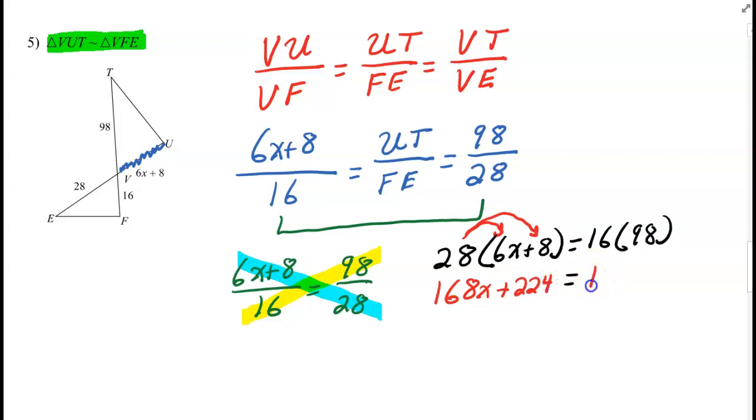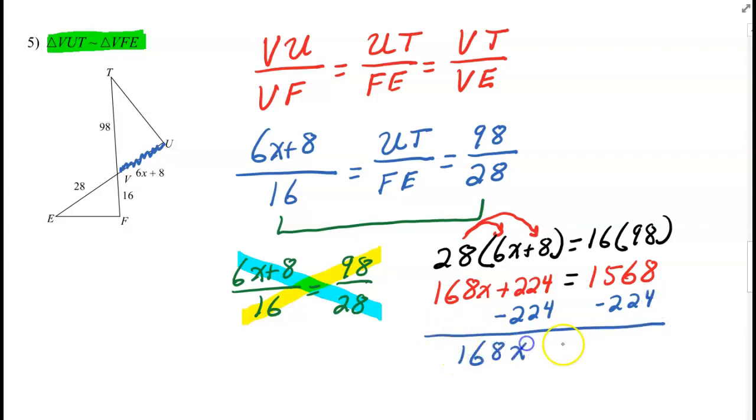The right side is 1568. Now I will subtract 224 from both sides. Doing that math, I get 168x is equal to 1344. And if I divide by 168, you will get x to be equal to 8.